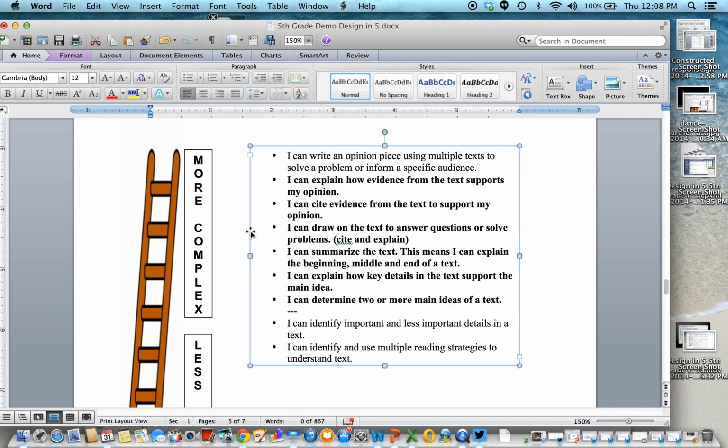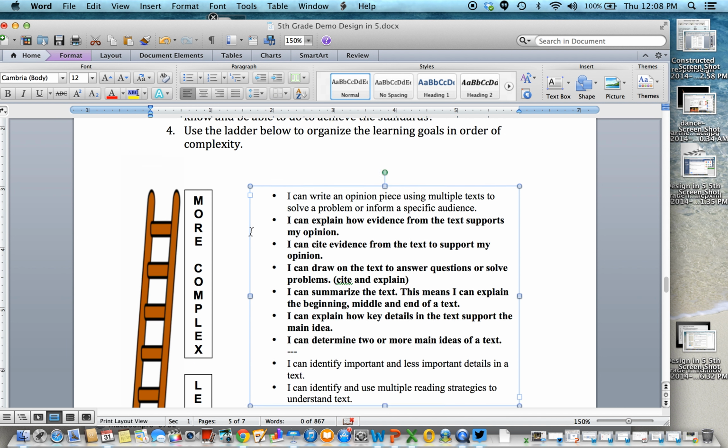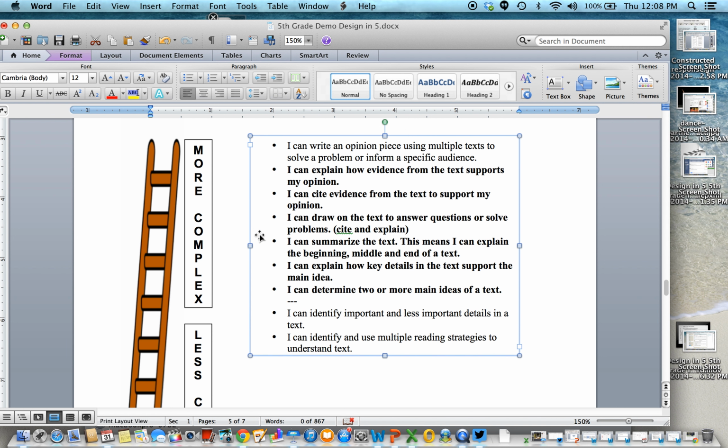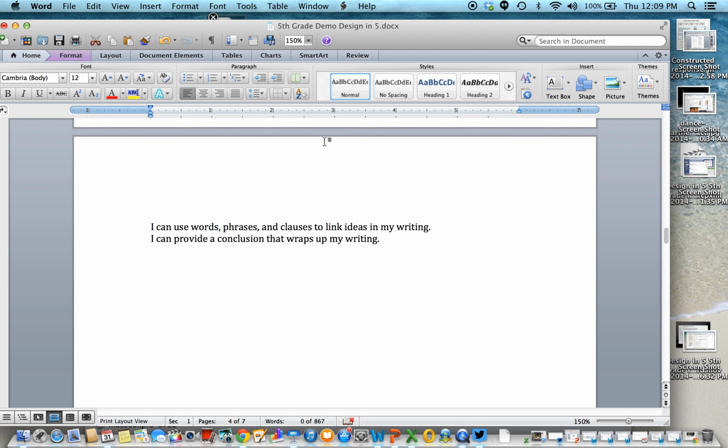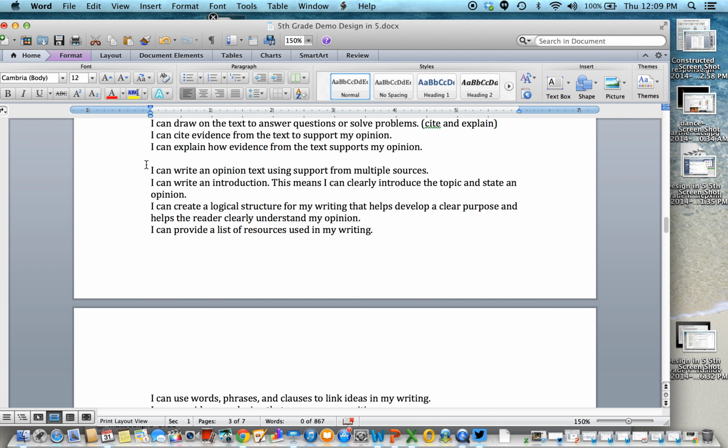And now in this one, we also have the writing part. Now, this is taking us a little bit of time, but the really interesting part about this is these set of targets will actually be able to be applied in multiple settings, in multiple places, or for multiple units, because these are things that we're going to revisit over time. They're that essential. But it is taking us a little bit of time to do this, and that's okay. All right, so now let's look at the writing targets.